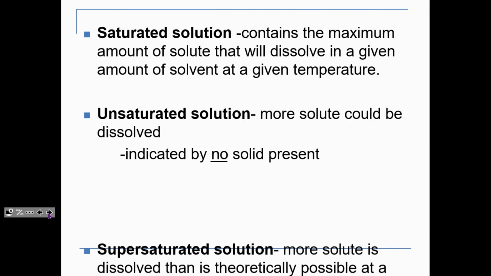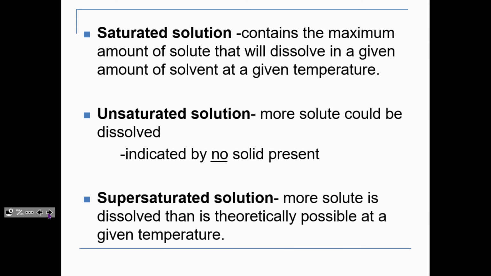We have three terms to look at here: saturated solution, unsaturated, and supersaturated. And we're going to do a lab on Friday where we look at each one of these solutions. And what we're going to do is be able to demonstrate those three types of solutions. So a saturated solution contains the maximum amount of solute that will dissolve in a given amount of solvent at a given temperature.